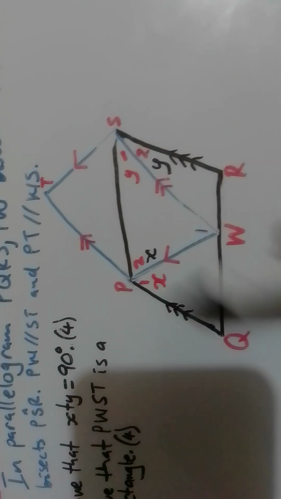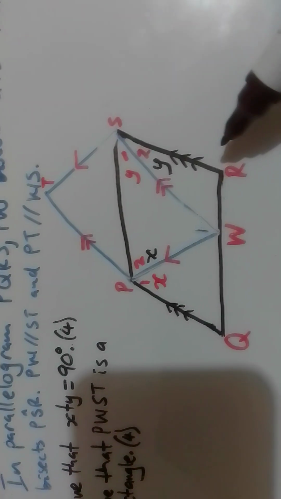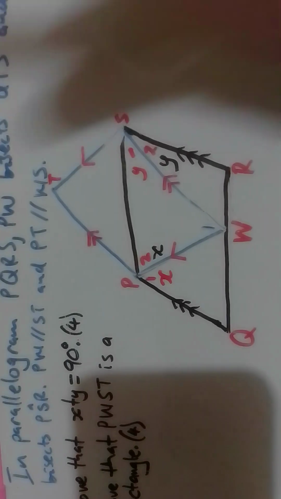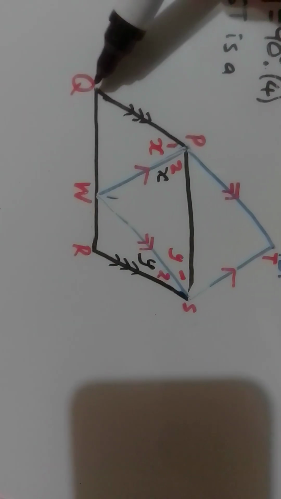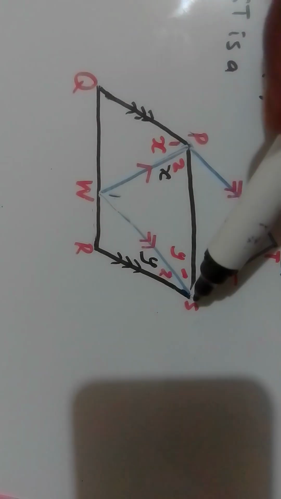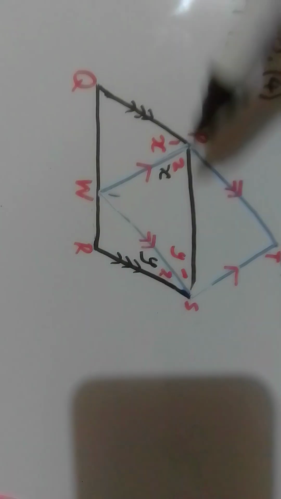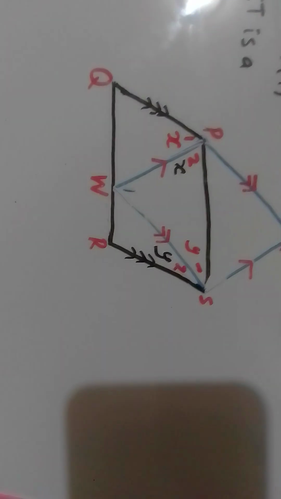If PQ is parallel to SR, it means that, now I'm going to rotate my diagram here so that you may see properly, right? It now means that here QPSR, the shape that I get, it's a U. Let me draw it aside.